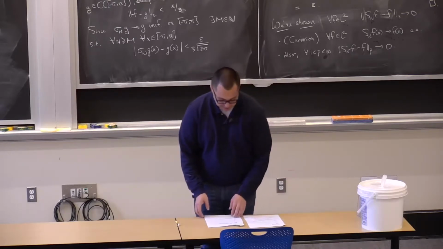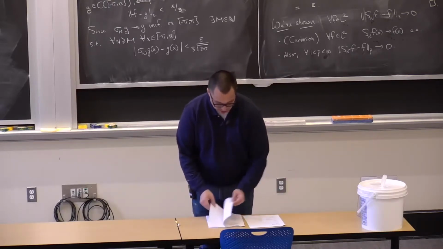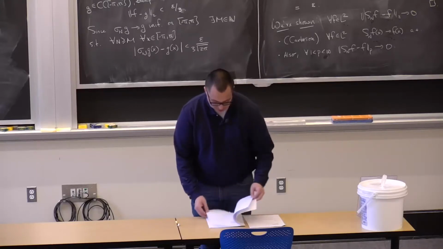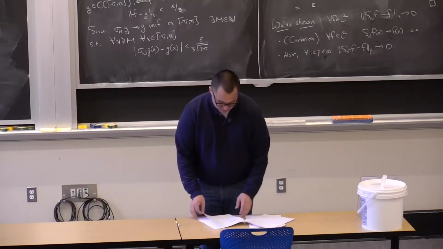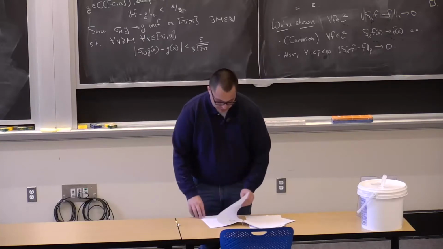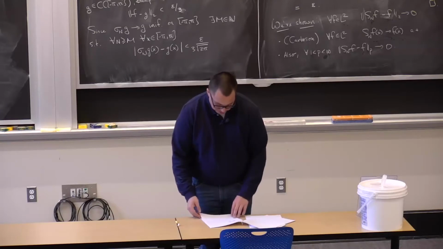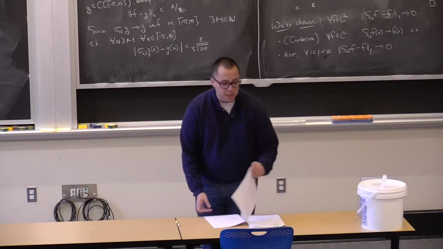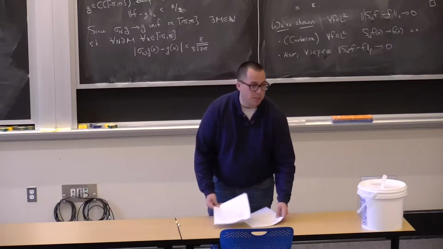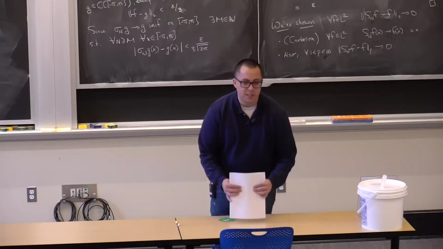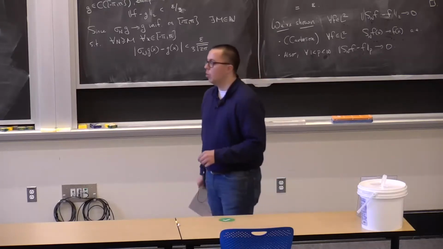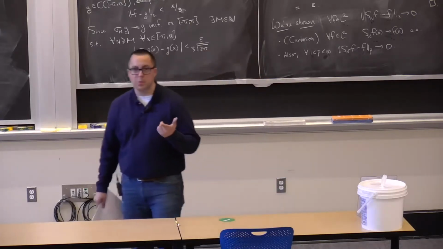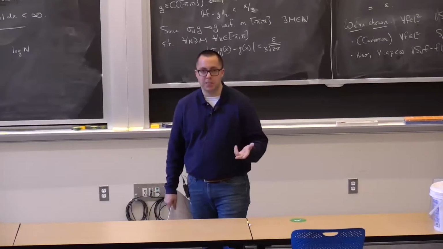All right, so next time we'll move on to minimizers over closed convex sets, and consequences of that, one being that we can identify, which is kind of the most important application, the dual of a Hilbert space with the Hilbert space in a canonical way.